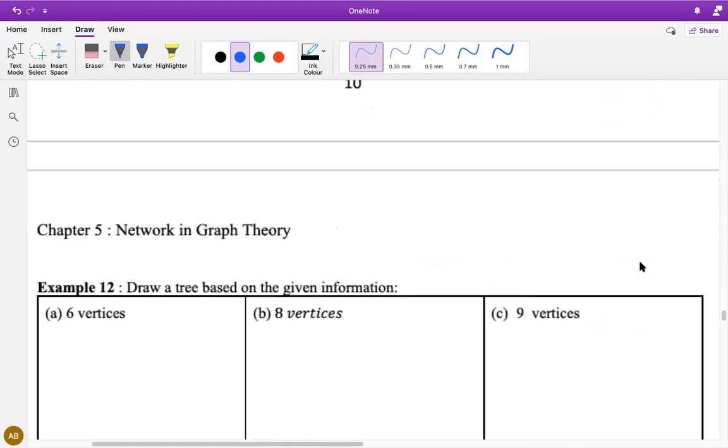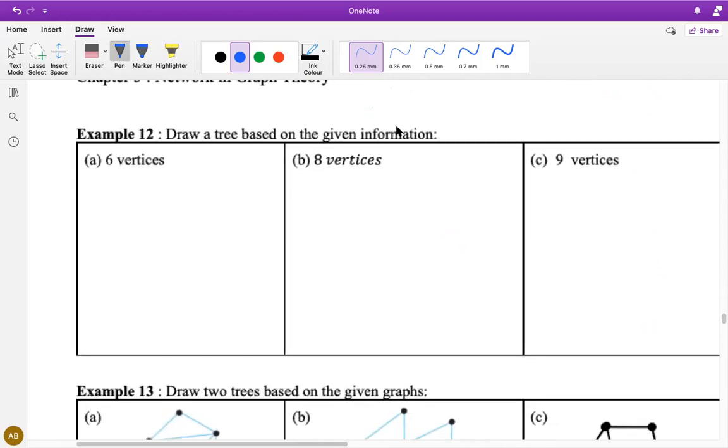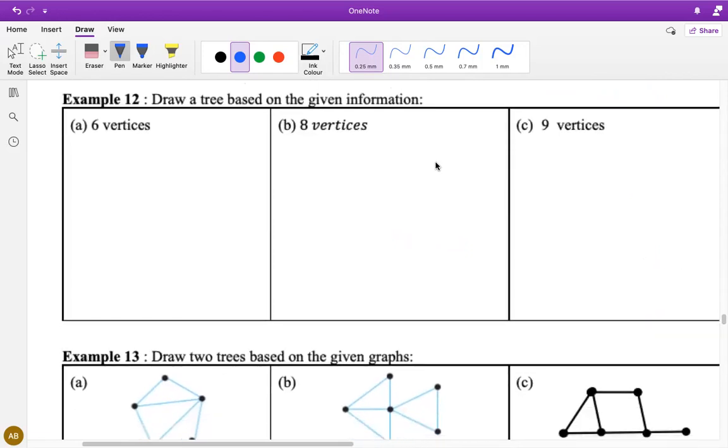Then we go to example 12. Okay. Draw a tree based on the given information. So to be safe, okay, 6 vertices, we just draw 6 points like this. 1, 2, 3, 4, 5, 6. So you just connect like this.